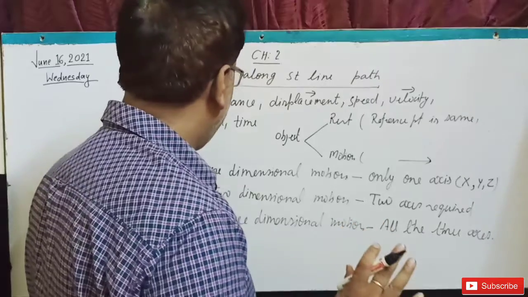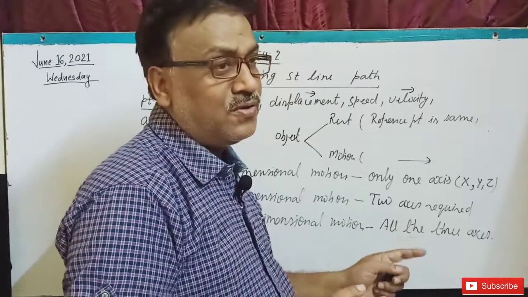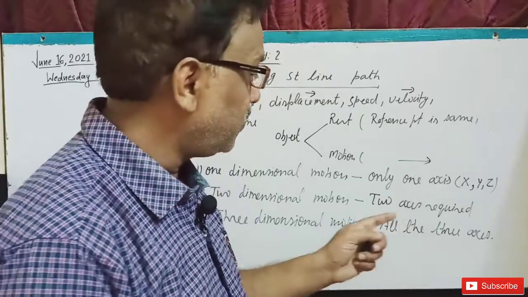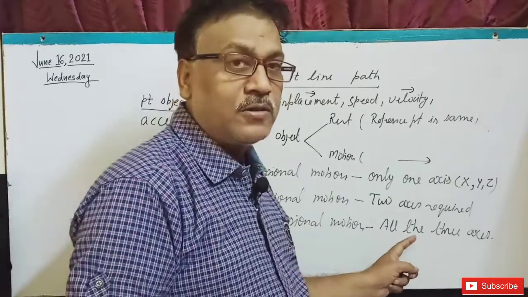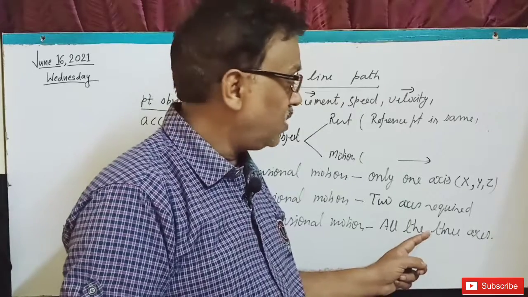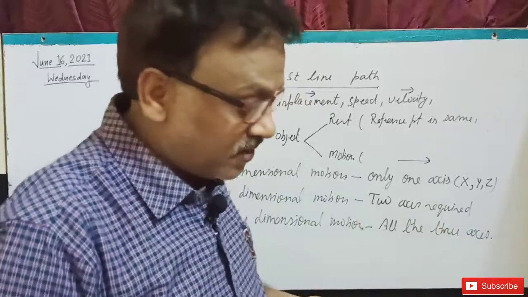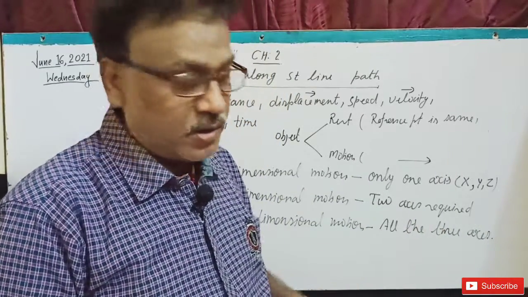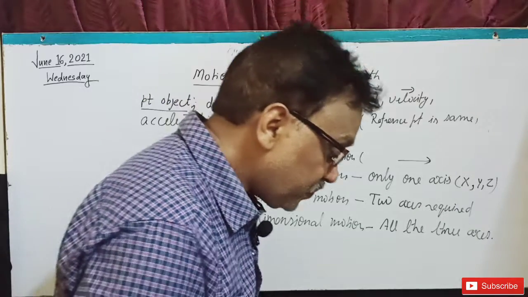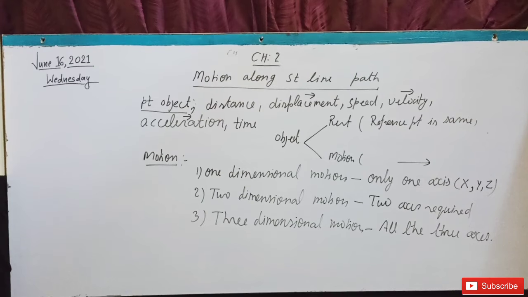But two-dimensional motion needs two axes, meaning length and width. And three-dimensional motion, when all three axes are required, means x, y, z, just like an aeroplane flying in the air. Then it has all three axes.